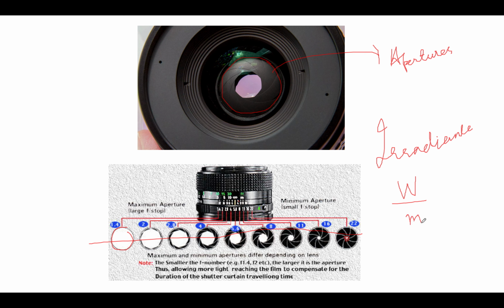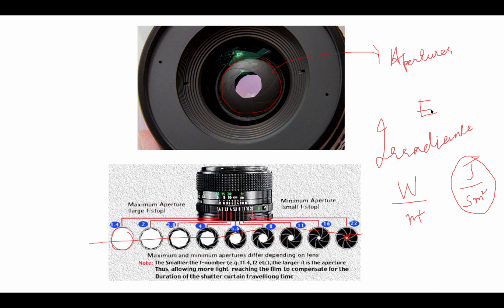How much light power per unit area is falling beyond the aperture, that is what we are calling irradiance, and its units are watt per meter square. But watt is a joule per second, so I can also write this as joule per second meter square, right? So bear this in mind. We'll come back to this, okay? Joule per second meter square is the irradiance. We denote this irradiance as E.